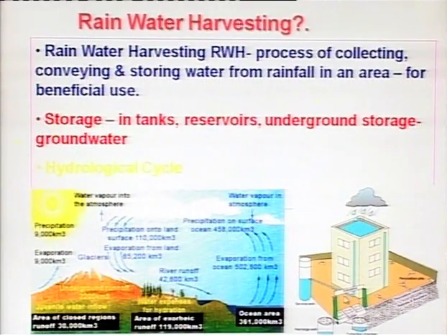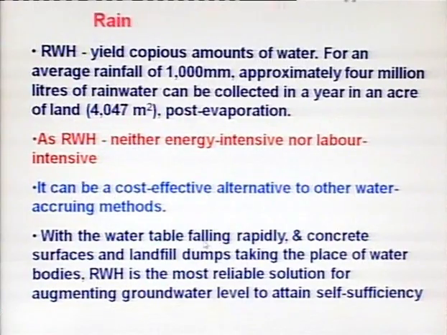Via these pipes the water passes and is collected and stored in tanks. These tanks also recharge with the help of filter media, so you can raise the water level of the soil.